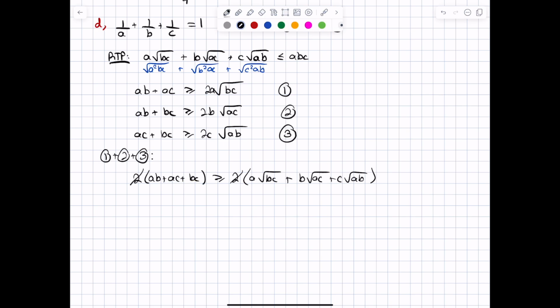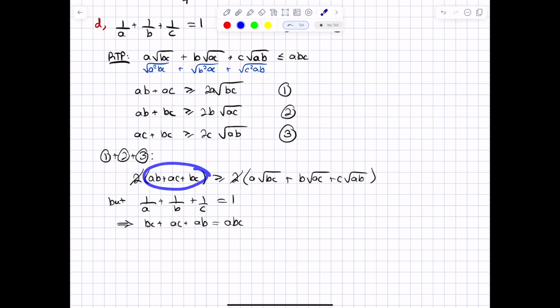So let's do that here. We'll say but 1 on a plus 1 on b plus 1 on c equals 1. That's going to imply bc plus ac plus ab equals abc. And so now I can replace this with abc.